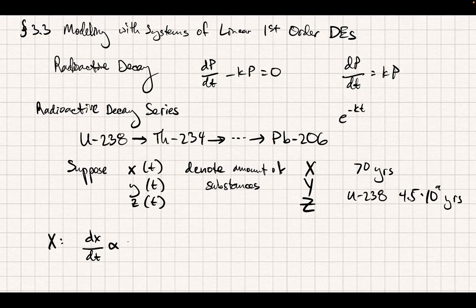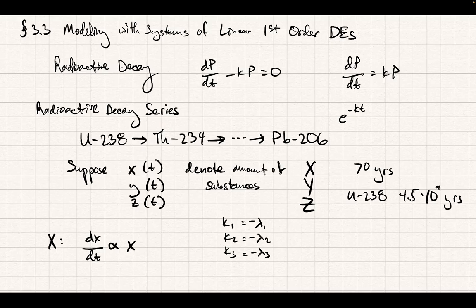It's proportional to the amount, and then I might have constants like k1, k2, and k3, but I'm going to designate them as lambda. The reason I'm going to do this is minus lambda 1, minus lambda 2, and minus lambda 3.